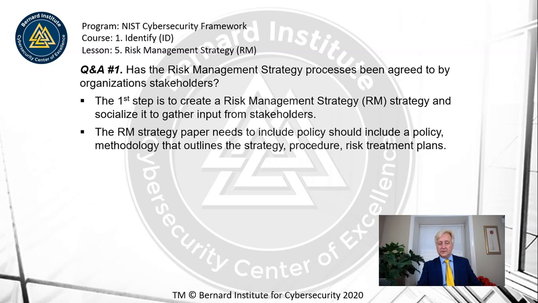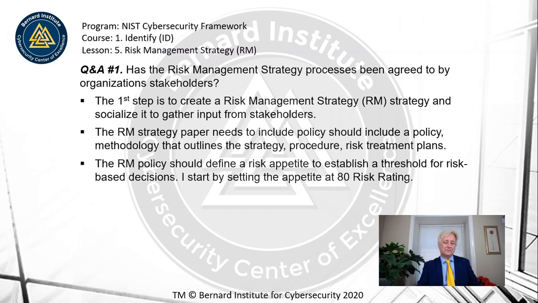The risk management strategy paper needs to include policy. The policy should include a policy methodology and outline a strategy, procedure, and risk treatment plans, as I just mentioned. The risk management policy defines the risk appetite. We've talked about that. It suggests that the risk rating is the first step.